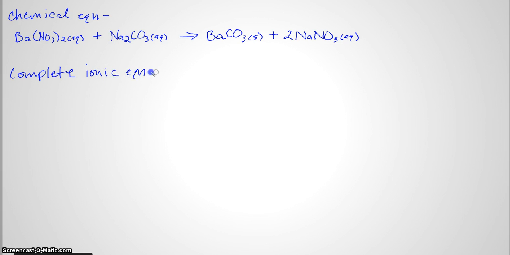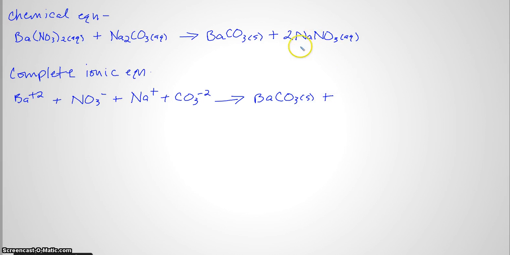And from there, we get the net ionic equation, okay? So here, we would break this apart into ions. So barium ions, nitrate ions, sodium ions, and carbonate ions in our reactants. We keep the solid as a whole precipitate.